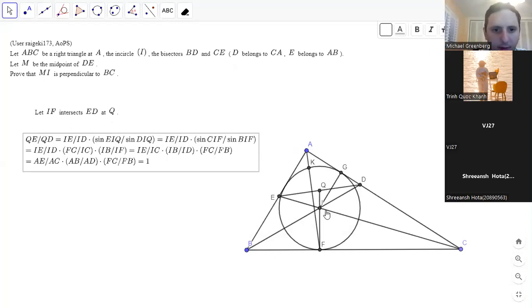And that is, yeah, FC over IC and yeah, IB over IF. And FC over IC is IB over ID.